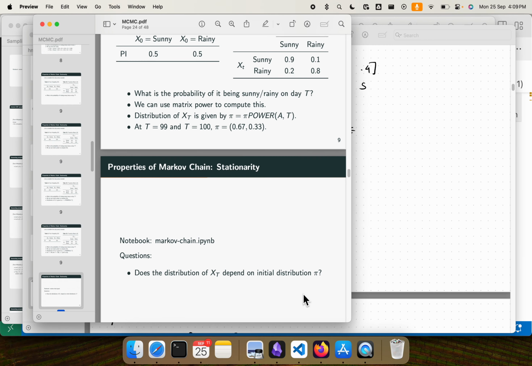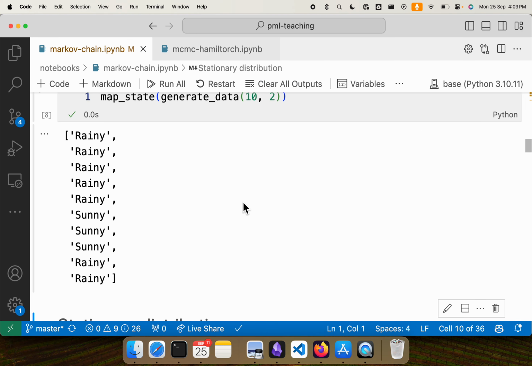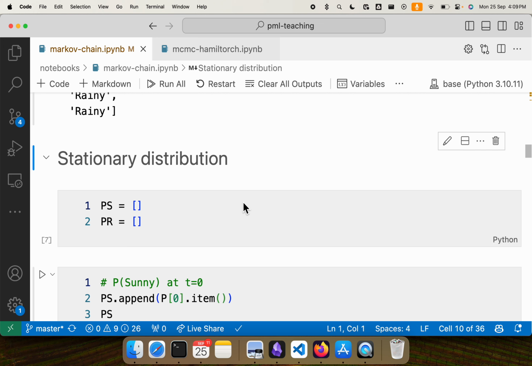Let's look at some code now. I'm trying to generate the distribution, or the probability vector, corresponding to sunny and rainy at any given time t. As I mentioned earlier, we could simply write a recurrence relation, a forward pass, or a for loop.